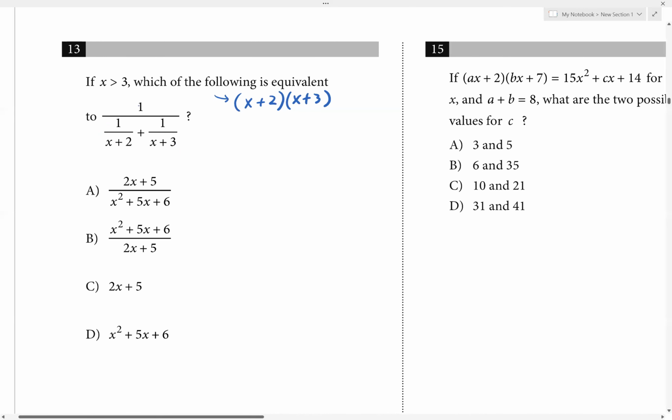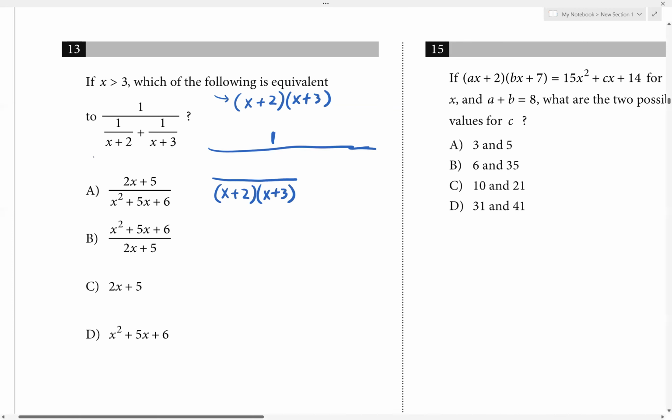So we have 1 over, let's leave it alone for now. Let's focus on the bottom two fractions. The first fraction is 1 over x plus 2, but we want the denominator to be x plus 2 times x plus 3, because that's the common denominator we want them both to have.